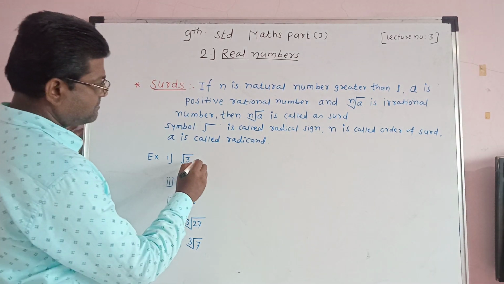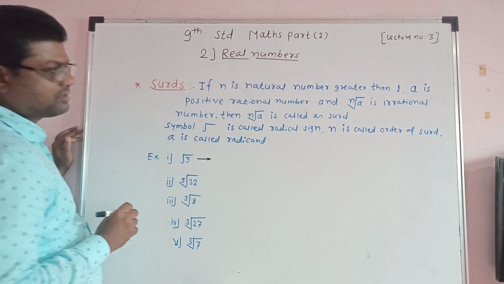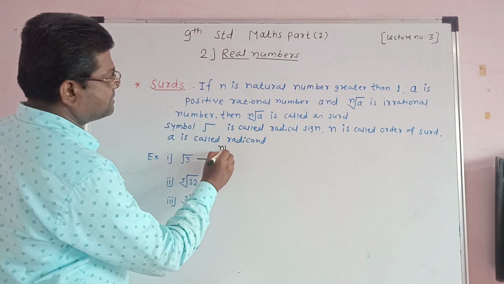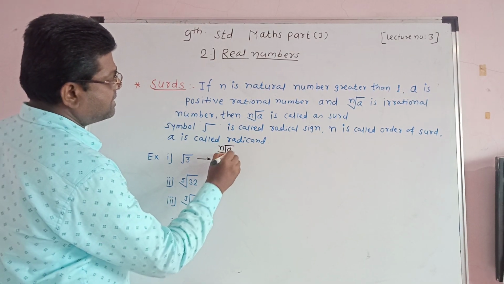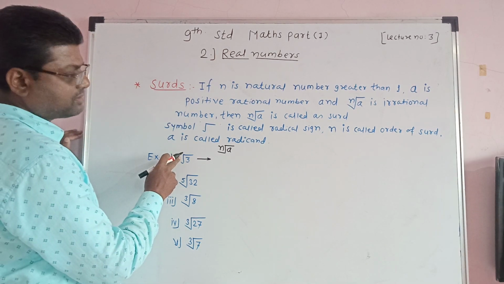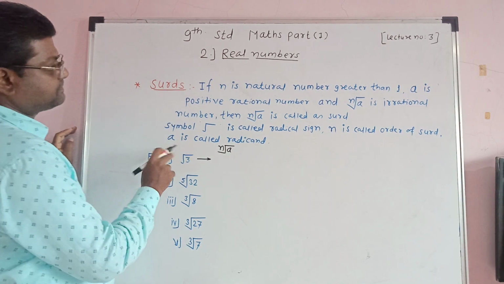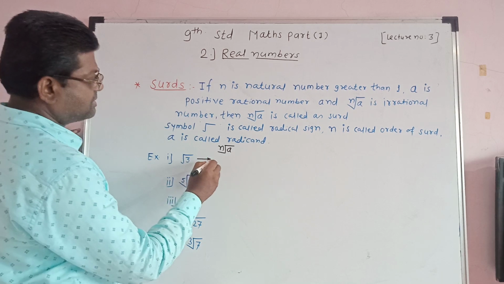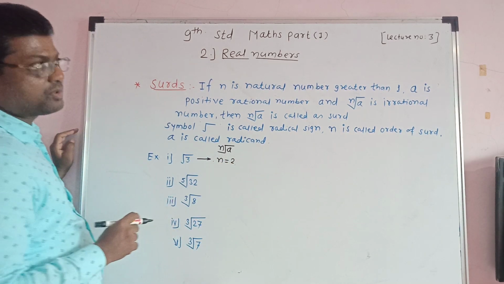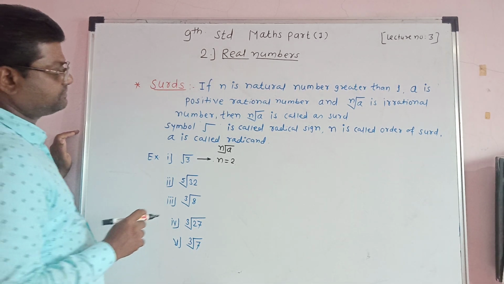Now consider some examples. The first example is the square root of 3. If we compare this with the nth root of a, here in the square root the order is always 2, therefore n is equal to 2, which is a natural number greater than 1.